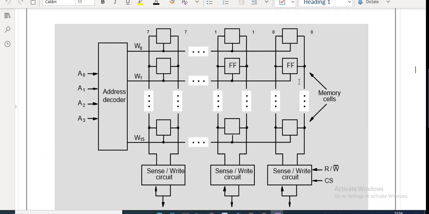Normally if they ask you to explain either SRAM or DRAM with a circuit diagram with a specified configuration, they will give the configuration, what size, and accordingly you have to draw and explain how read and write operation takes place. That's all. I am going to focus on only read and write operation.